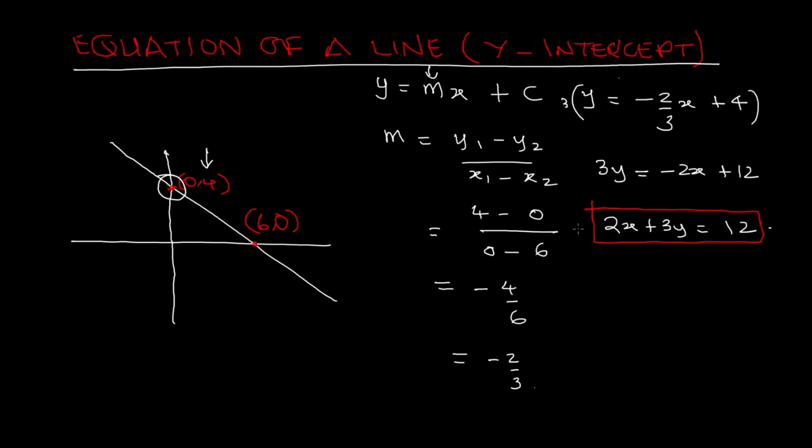But what you can also do is try to get this same equation using the first formula that we worked out. It should also work without really having to calculate the gradient. You just put these 2 points in and then it gives you the equation.